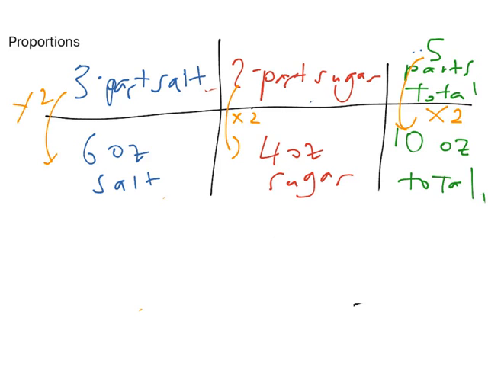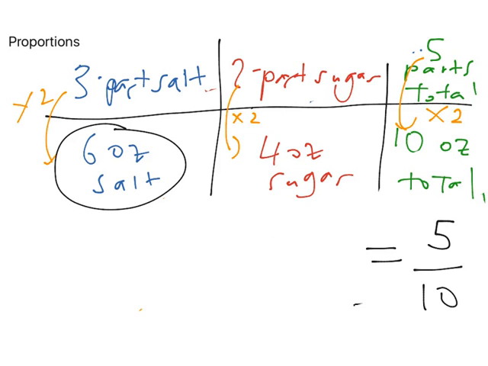If you want to set up a proportion equation, what's happening? Well, we know this is equal. 5 parts in total, 10. And we know that what we're looking for is this one, so we don't know this one.